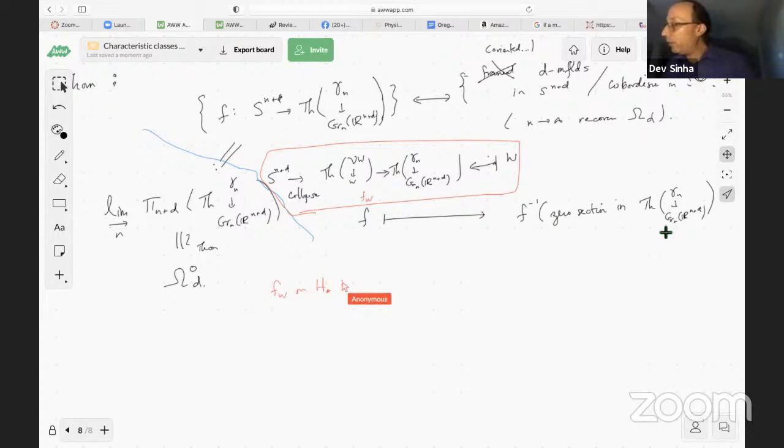So I'm going from S^{n+D}, collapsing again into this Thom space.